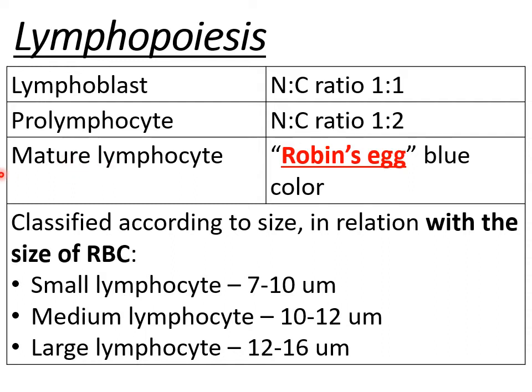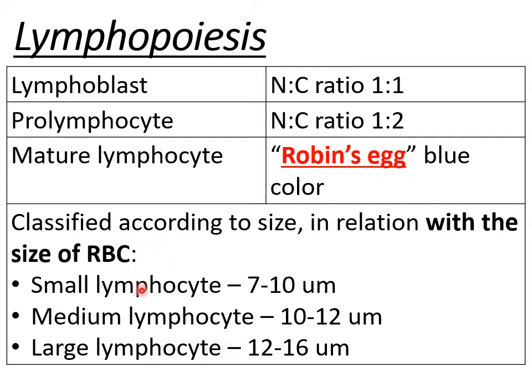And balikan natin ito. Mature lymphocyte has light blue color, right? Pero in other books, ang description niya is robin's egg blue color. Papakita ko mamaya kung ano ang kulay ng robin's egg na yan. And then, meron din tayong sub-classification of your lymphocyte according to size and in relation with the size of the RBC. So, must know ito. Okay? Pakilagyan ng star.